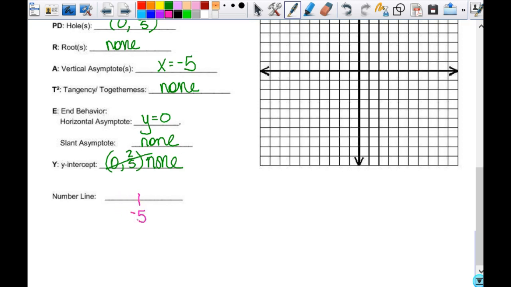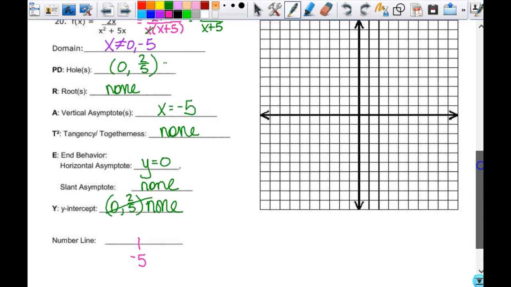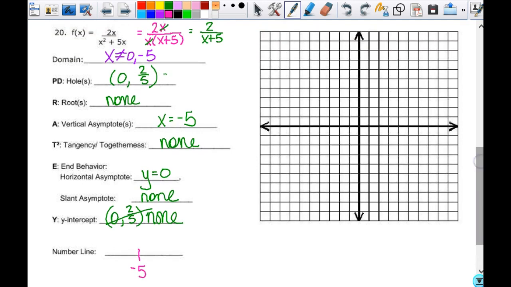If I pick a number to the left of negative 5, like negative 6, if I plug in negative 6 right here, it's going to give me positive over negative, which means overall that's negative. If I pick 0, it's going to give me positive over positive, which means overall positive. So this is not a very overly dramatic graph here.